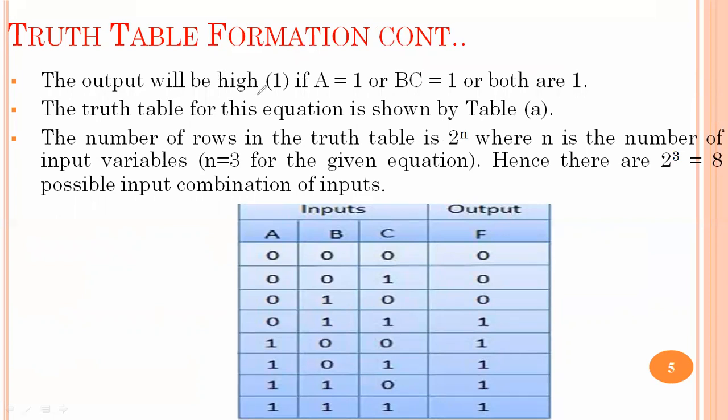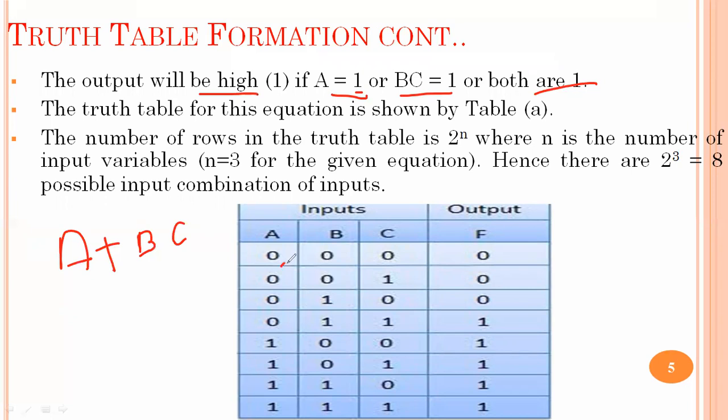The output will be high when A is high, or when BC, that is both B and C, are 1. Like we have the equation here, A plus BC. This will tell us that whenever A is high, the equation is high.